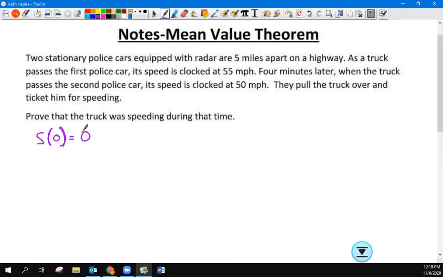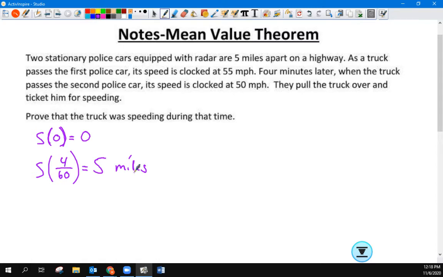Later, 5 miles away, at time 4 minutes, which is 4 minutes out of 60 minutes, it's at 5 miles. Because we're talking about miles per hour, converting those 4 minutes to hours, it's 4 over 60.